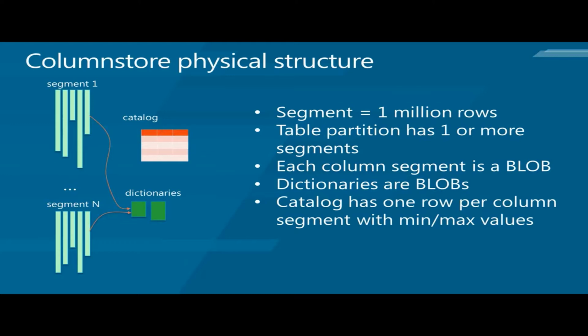That's the unit of movement between disk and memory and the unit of caching of data in memory. So if the query only touches the first 2 columns, it'll just read those first 2 pale green blocks of a segment, and it'll cache those in memory. Instead of caching pages, the column store now caches these special objects, which are column segments in memory.